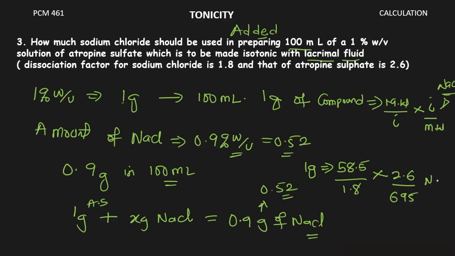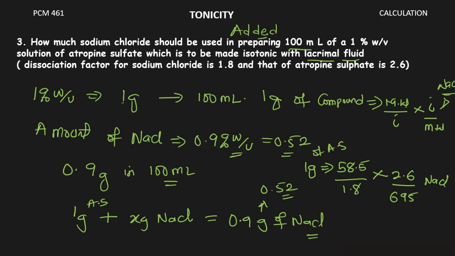So 1 gram of atropine sulfate in this case is equal to this gram of sodium chloride. That will give us, I think, 0.12.